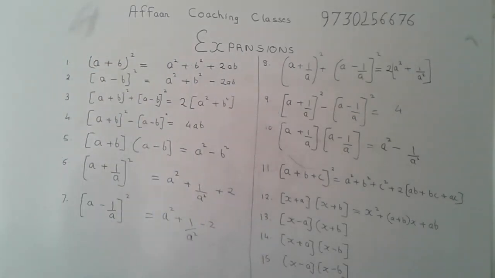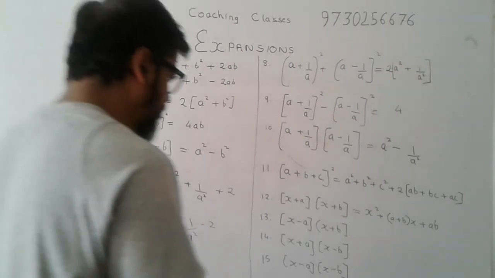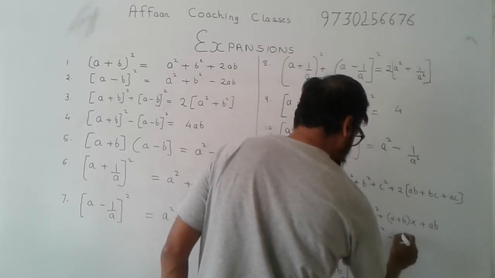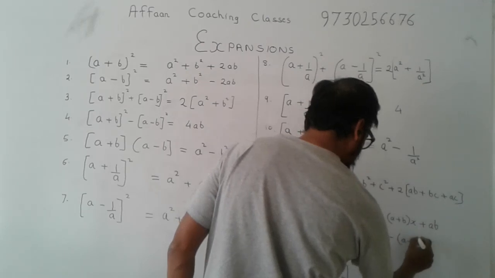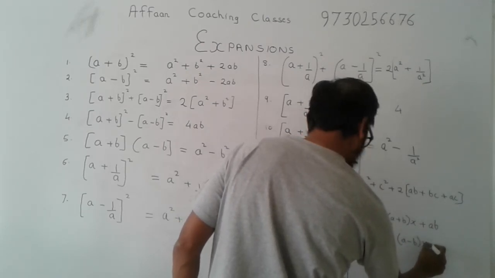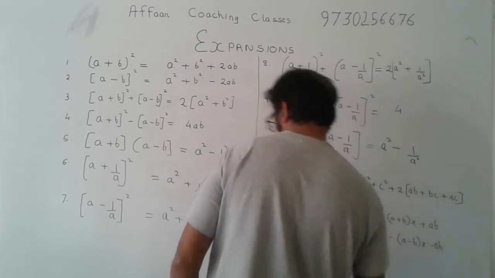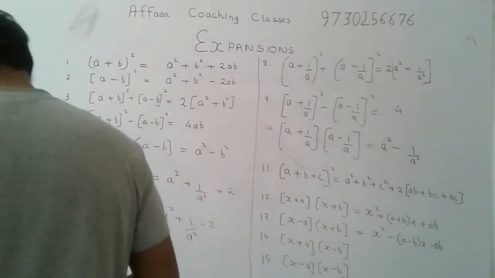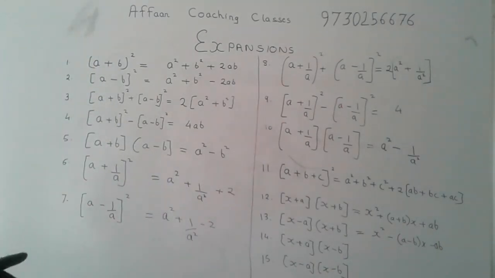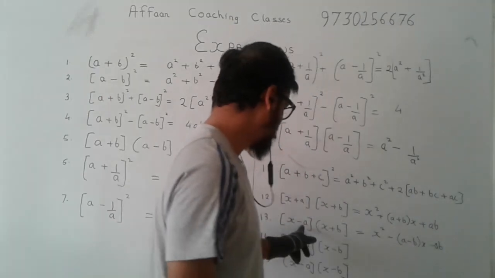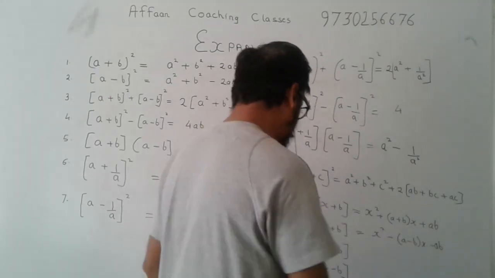Now, if you look at this, the terms are the same, only the signs are different. So this will give you x square minus (a minus b) x minus ab. Clear? So whenever you have a as minus, you will have x square minus a minus bx minus ab.